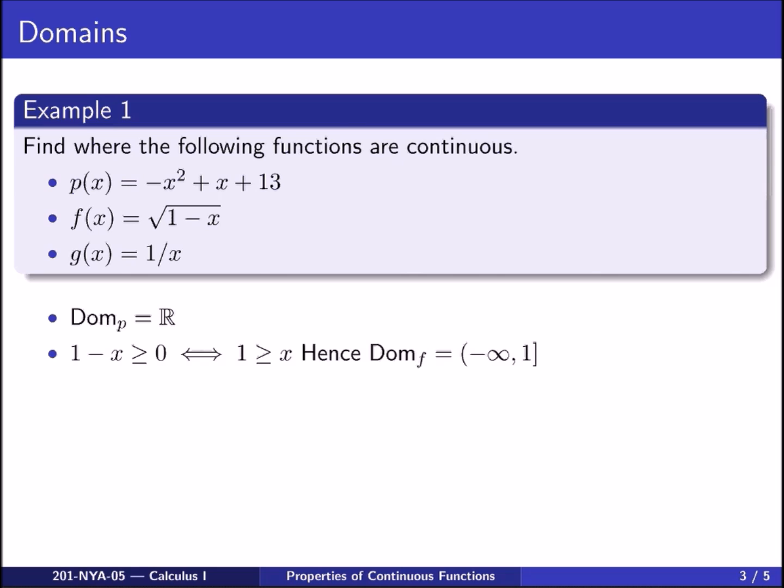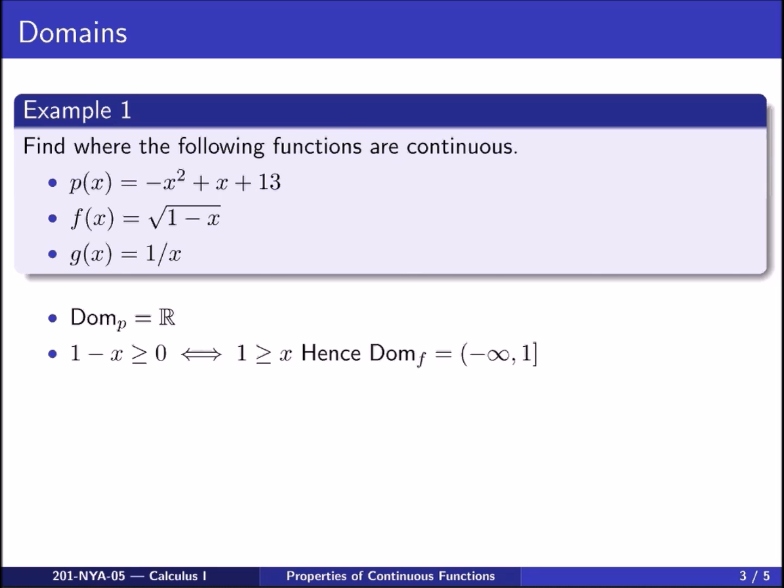Now look at the third function. It's 1 over x. Pause the video and find where that function is continuous. Now this one is a very simple rational function, and rational functions are also continuous on their domain, and here the domain is everything except 0, because that would make the denominator equal to 0.